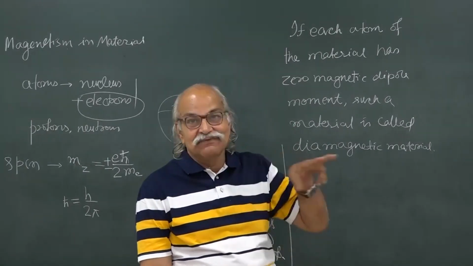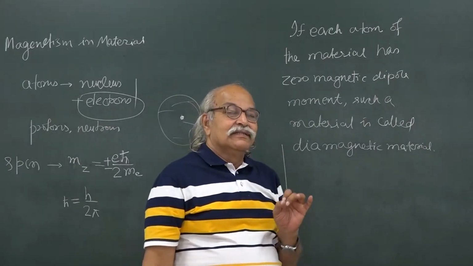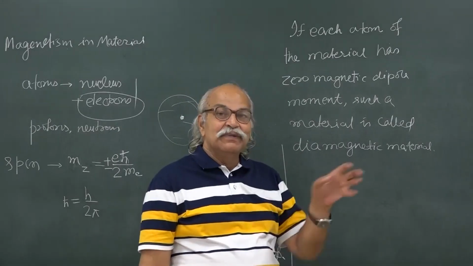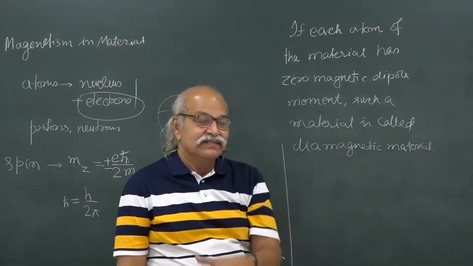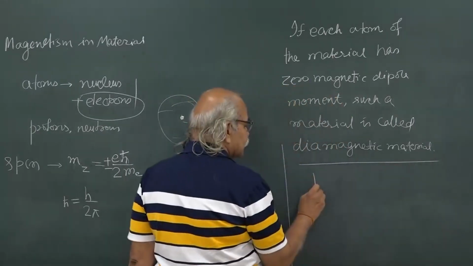There are two categories which we will be talking about. But before that, let me define a quantity which will be used in the following lectures, and that is magnetization.